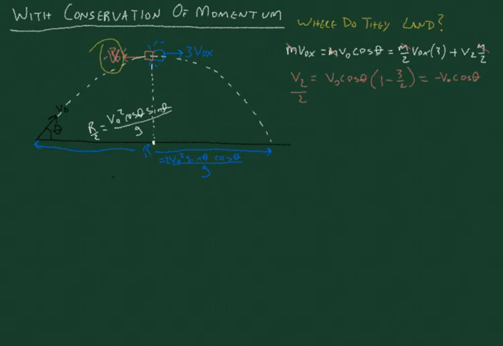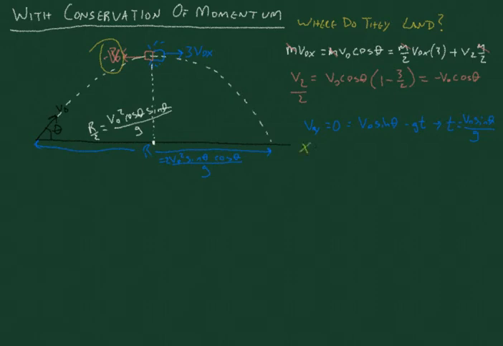Okay, but let's just say we didn't know that, just for the sake of working out a little bit more of the problem. So what we can do here is we know that at that point vy equals 0, which is v0 sine theta minus gt. So t is v0 sine theta over g. And so then we can plug that into our equation.